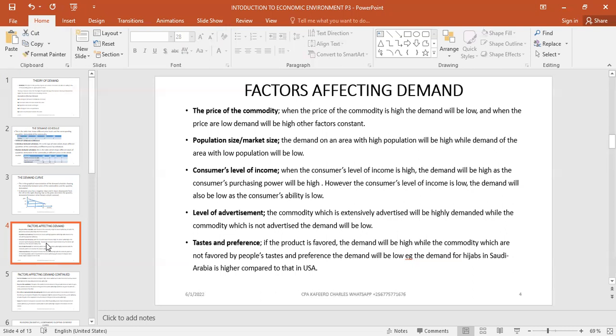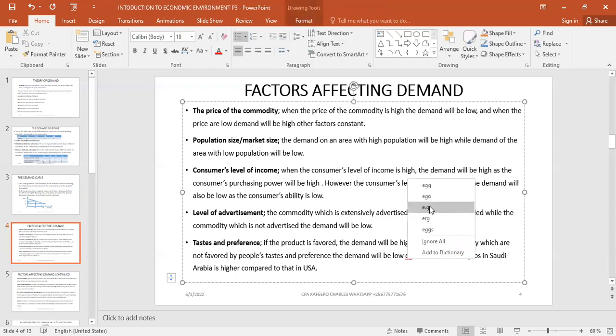So when that happens, we expect that those goods which are highly favored, or whose taste to different people is good, their demand is going to be also high compared to those items with a low taste or preference by the public.